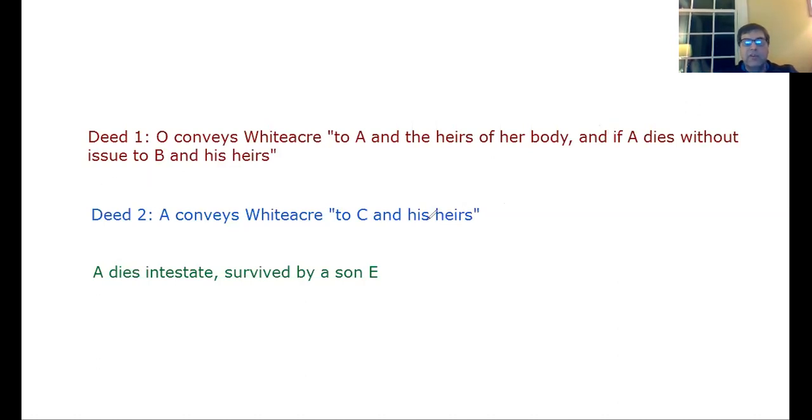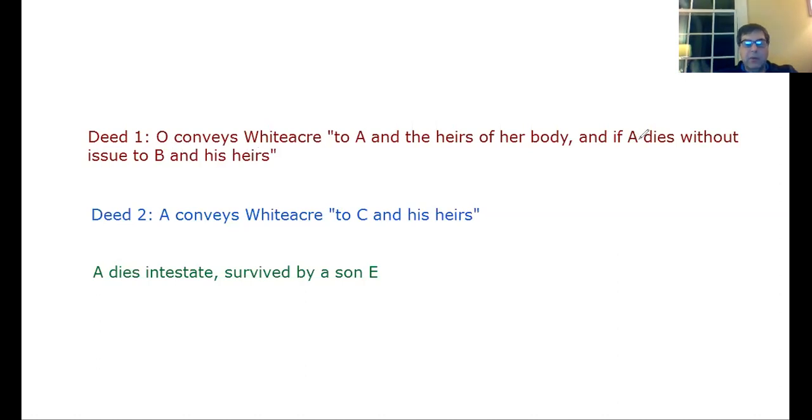And so what C gets is the estate that A had, which was the fee simple subject to the executory limitation in B. And so C has a fee simple, but B still has that executory interest in a category 2 jurisdiction.